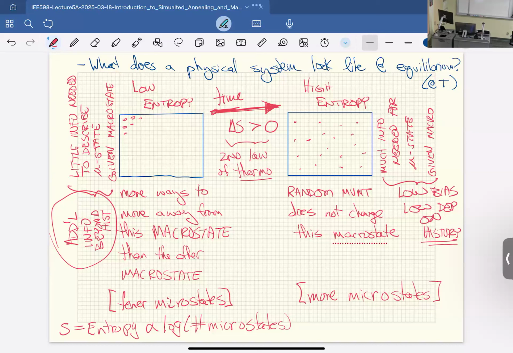And so that's why, when we start next time, I'm going to go into these maximal entropy distributions that we use in data science, which will then help us build up to simulated annealing. This will be another motivation for why we seek out maximal entropy distributions.